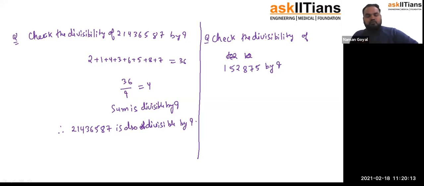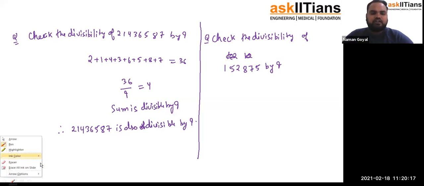So for the divisibility by 9, we have to check whether the sum is divisible by 9 or not.